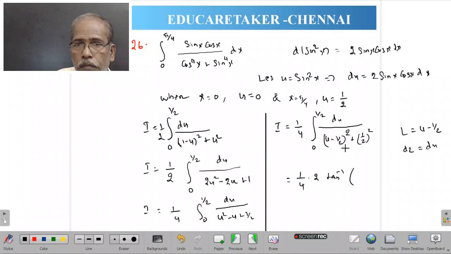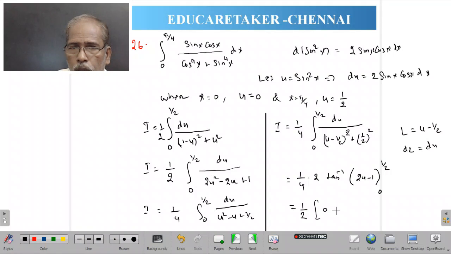2u minus 1, that's all. 2u minus 1 and lower limit, upper limit. 1 by 4 into 2, 1 by 2. Take upper limit, u equal to 1 by 2, tan inverse of 0, which is 0.